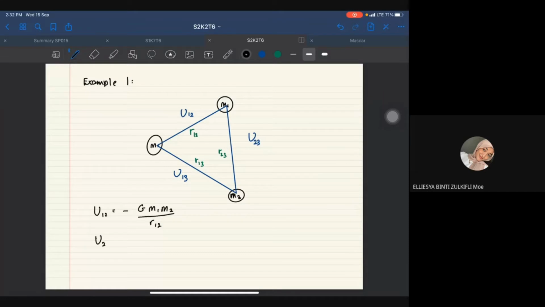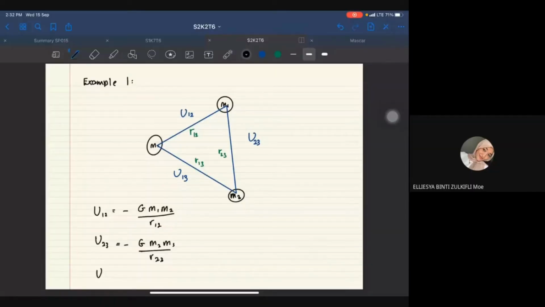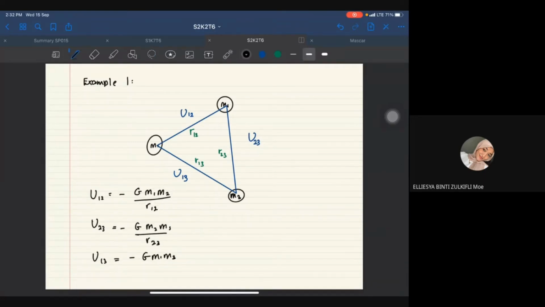Kalau U23 equals to negative G M2 M3 over R23, and if U13 negative G M1 M3 over R13. Okay, this one kalau individual dia nak U yang spesifik lah.